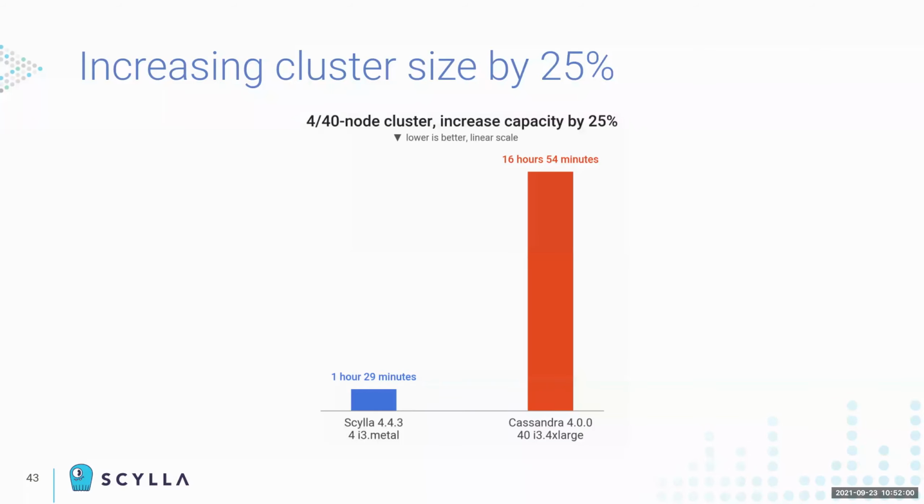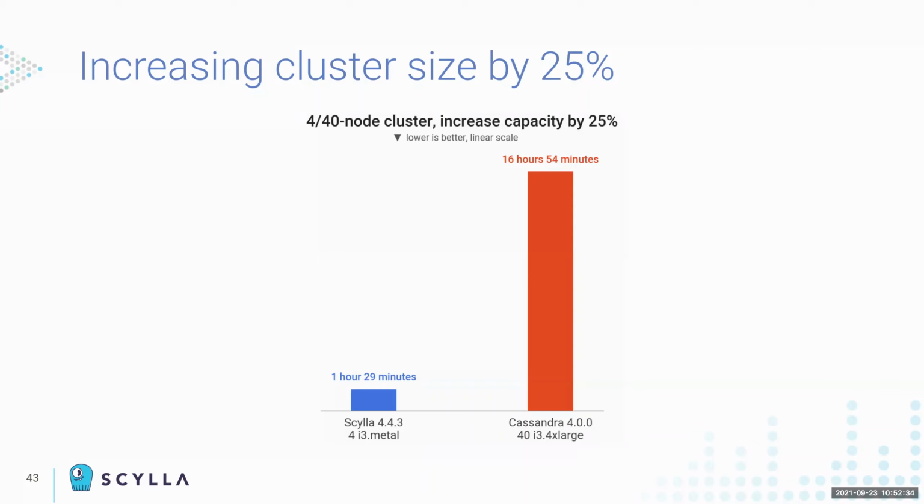So adding the first node to the Cassandra 4 cluster, the second node, third node, fourth node, the fifth node. And as you can see, even mentioning all those nodes is tiring. It's also more tiring if you have to wait 17 hours and constantly monitor your cluster to check that those operations of bootstrapping nodes have completed successfully.